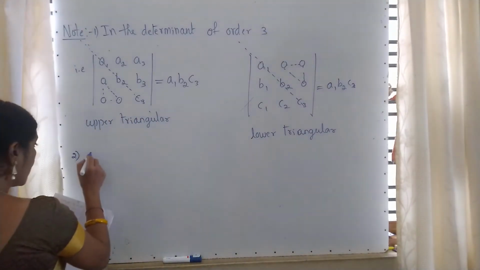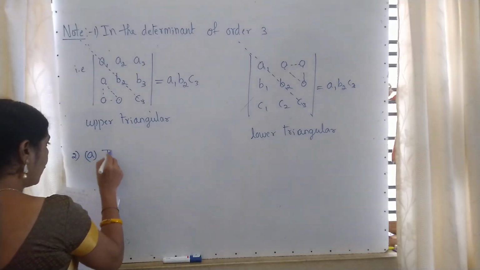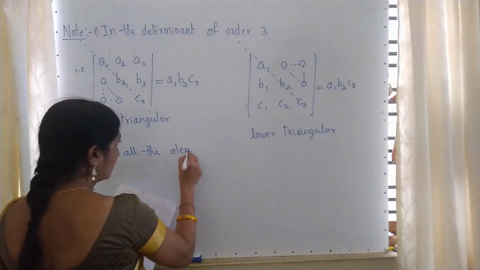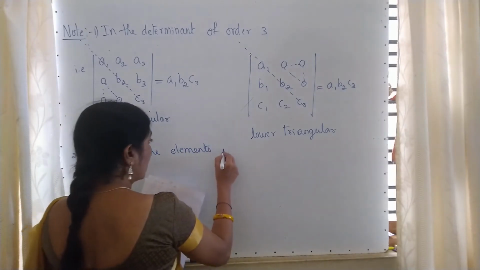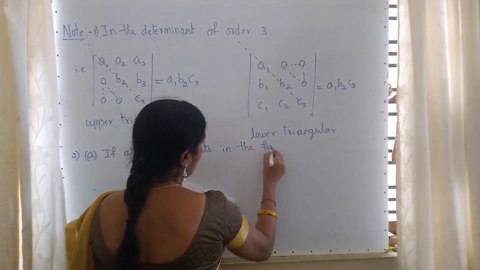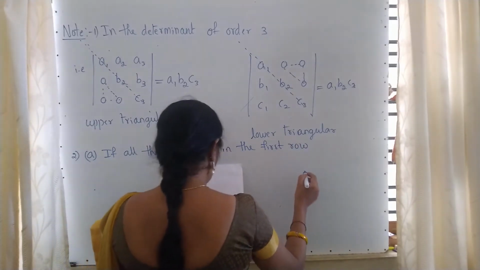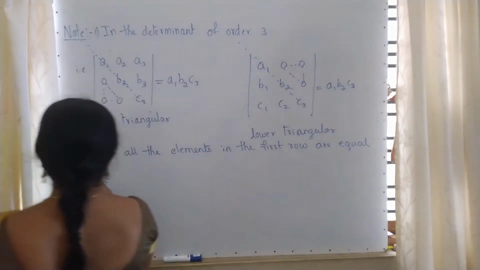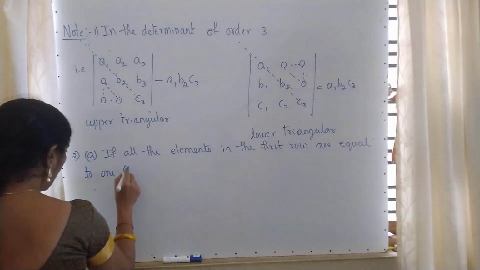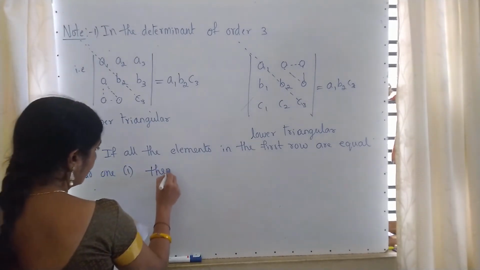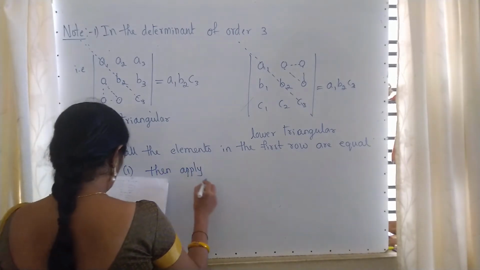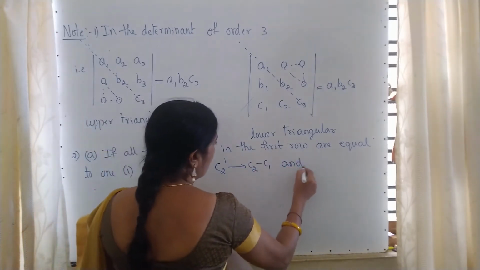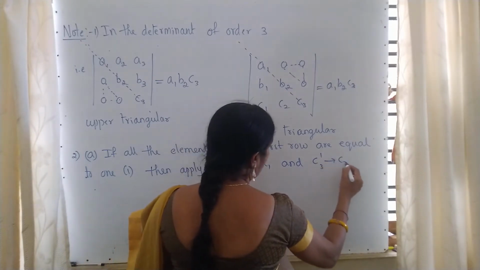Second one. If all the elements in the first row are equal to 1, then apply C2 dash as C2 minus C1 and C3 dash as C3 minus C1.